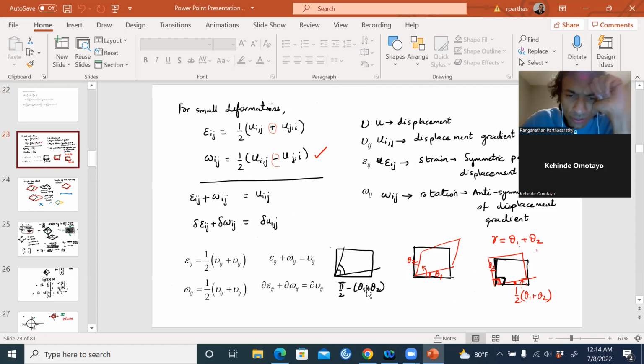So you can see this figure here. This is gamma, this is shear strain. If you have a theta 1 and a theta 2, gamma is theta 1 plus theta 2, right? How did you get it? Pi divided by 2, that's 90 degrees. So this theta 1 plus theta 2 is gamma in the second figure, right? Yes.